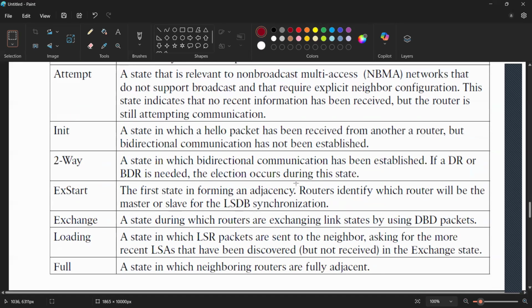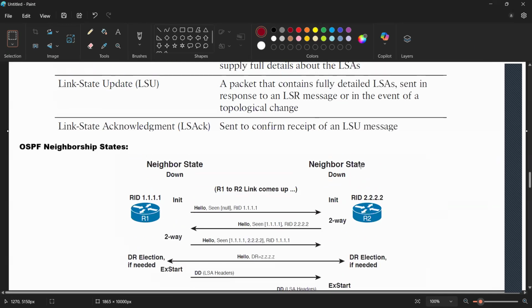Note it. Highest router ID will become the master. Note it.